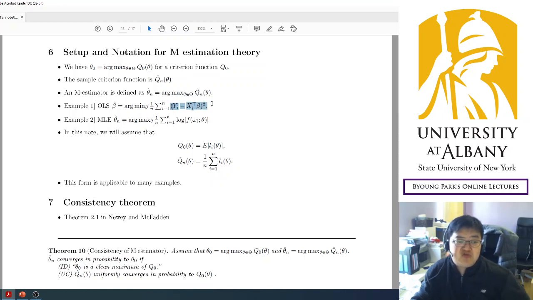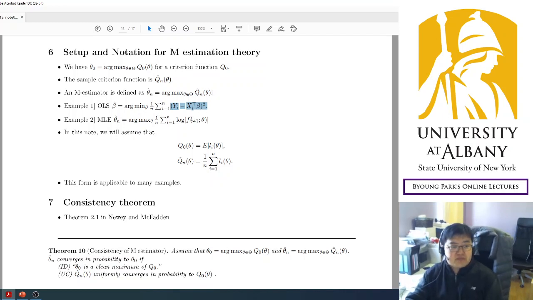So squared residual sample mean is the estimated criterion function. And maximum likelihood estimator is obtained by maximizing the average of log likelihood. f is the parameterized density function, and log f is the log likelihood function.